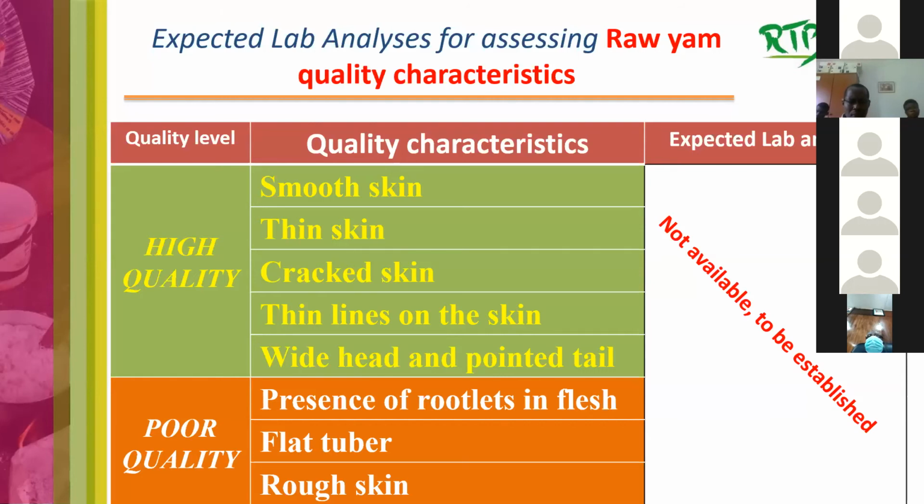Okay, so there's another question linked to your answer, Noël, from Benjamin Okoye from Nigeria. He's asking, are these results coming from activity 3 and 4 and activity 5 or only activity 3? From activity 3.